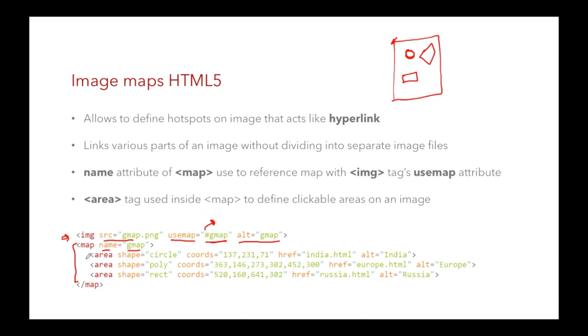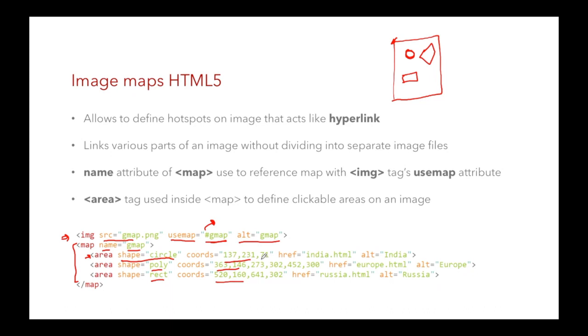Now for which area to make clickable, we use the area tag, and then we specify shape. That can be circle, poly, and rect, as I specified here. And then we need to specify coordinates. Usually these initial ones are the location in the image.